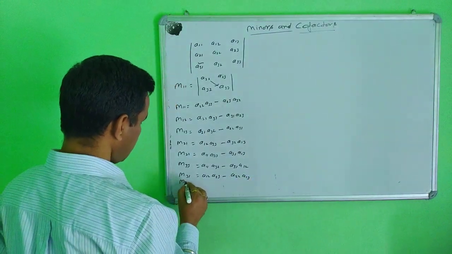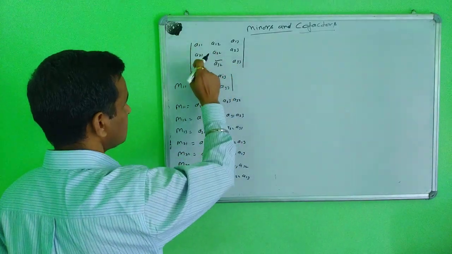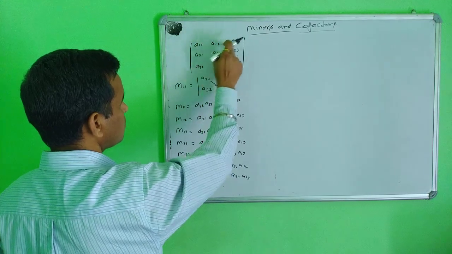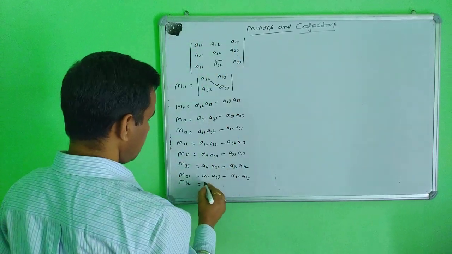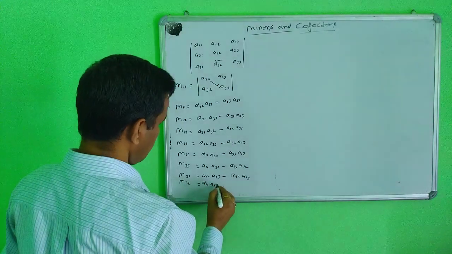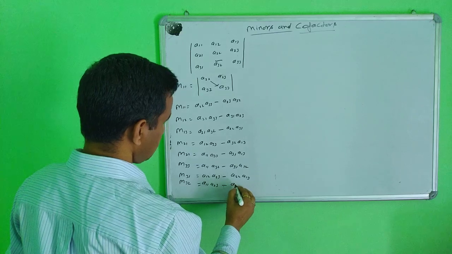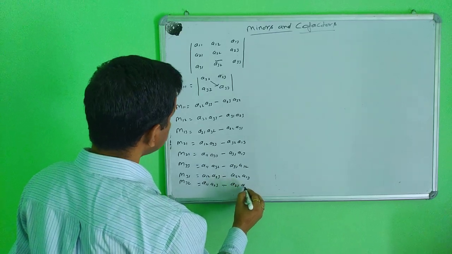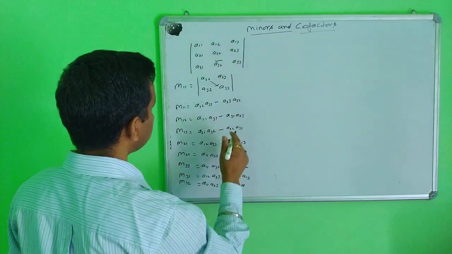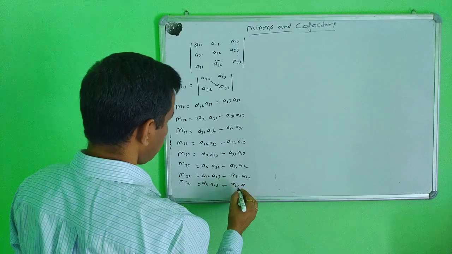Next, M32 means this element: the third row and second column will be hidden. 1, 2, 3, 4 will be left here: A11, A23 minus A21, A13.